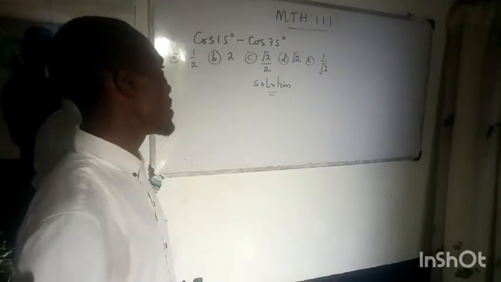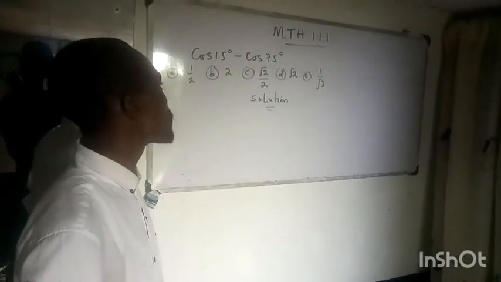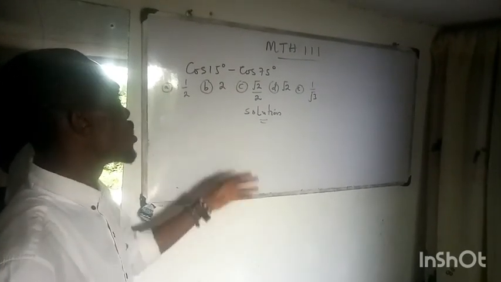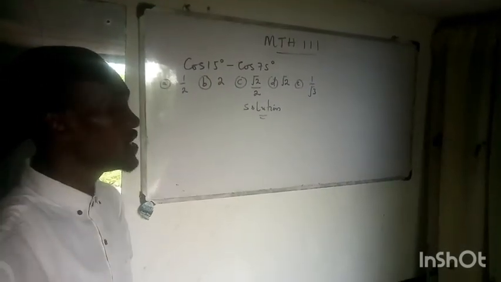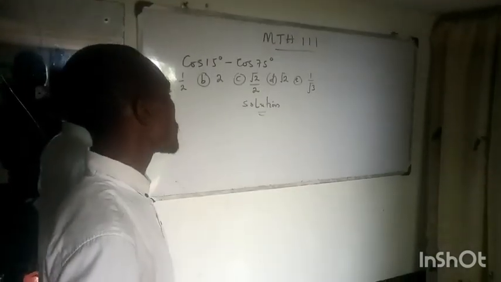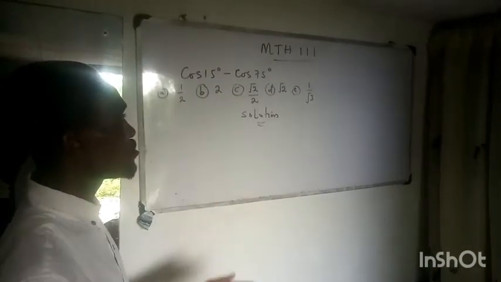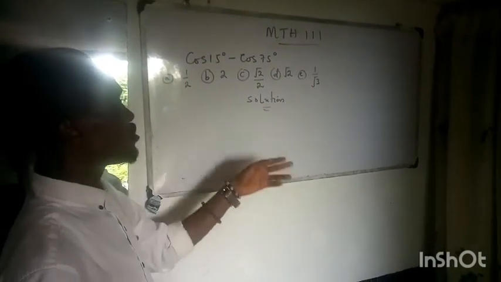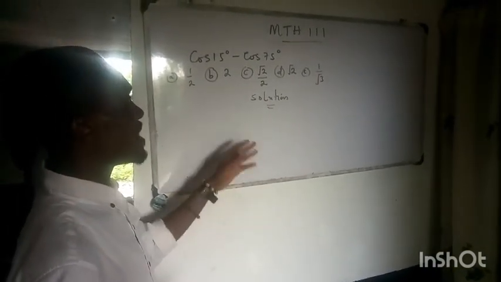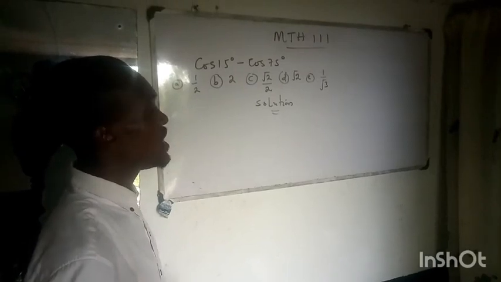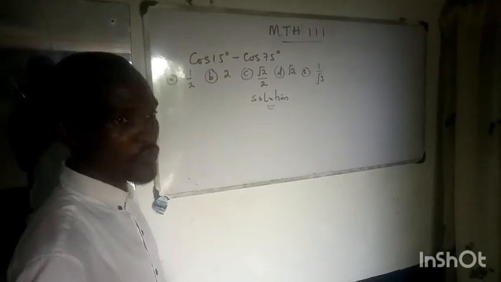So today we are going to be looking at this particular question. We have on the board cos 15 degree minus cos 75 degree. So how are we going to do this? When you look at the options, you can see that most of the answers are actually in the form of roots.